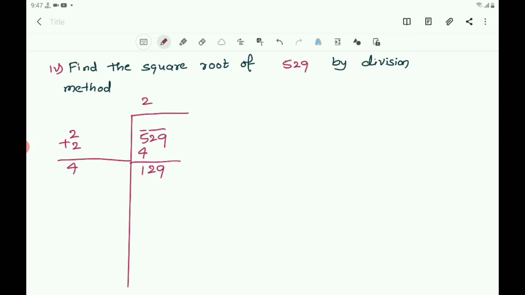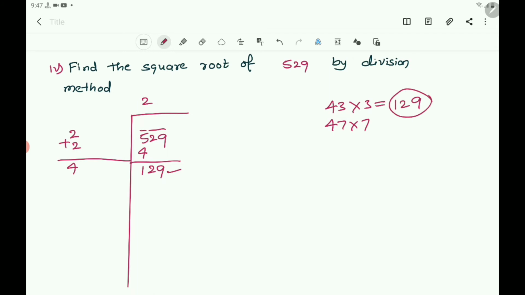129 is there. In front of 4, what do you have to put? Here, as 9 is in the unit place, either you have to put 3 into 3, or you have to put 7. Then 43 into 3: 3 3s are 9, 4 3s are 12.